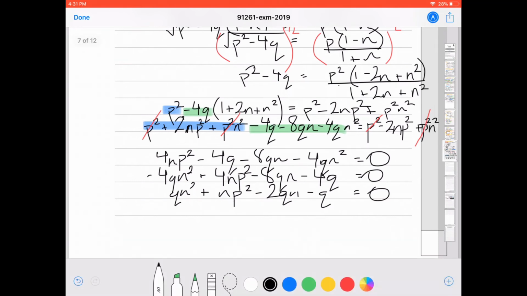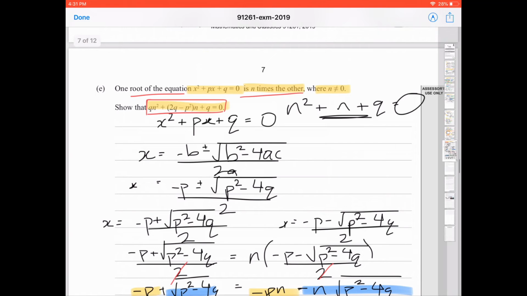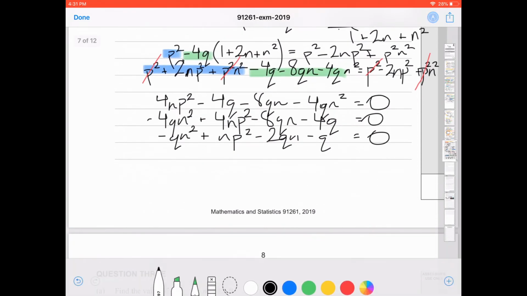Yeah, it should be negative. So we've got negative qn squared and negative q. They've got positive qn squared and positive q. That's not too much of an issue. We can add the two middle terms now. They've got 2q minus p squared with n as a common factor.